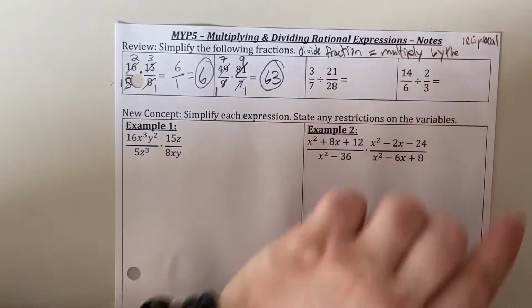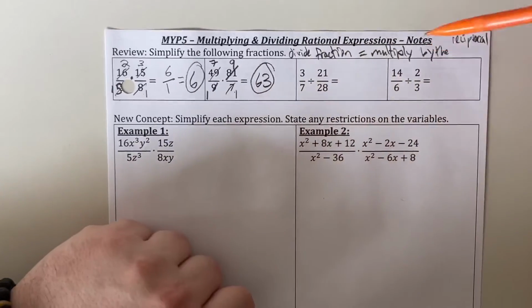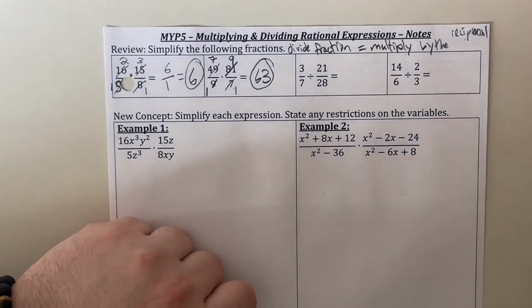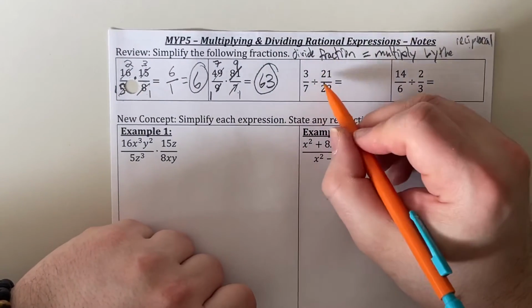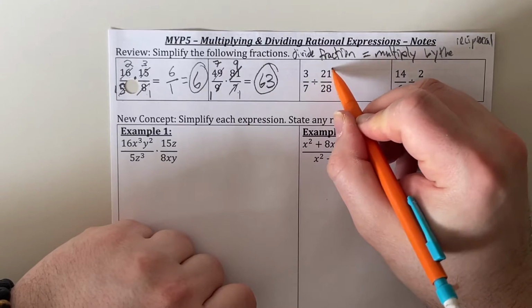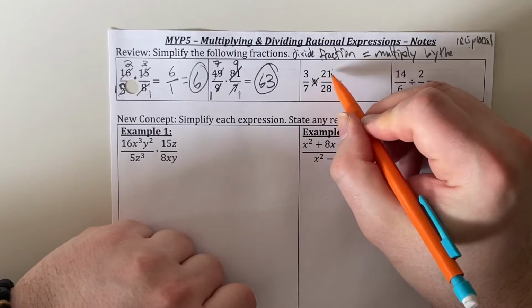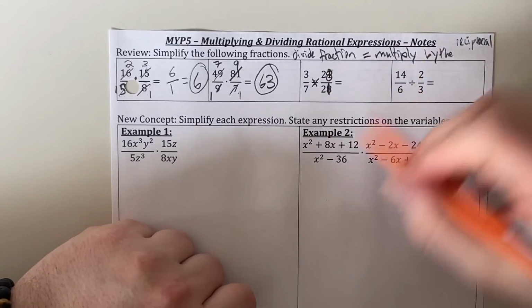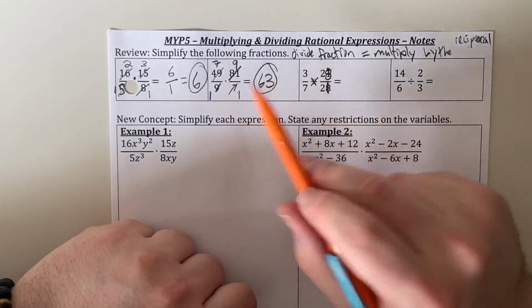What that means is you can flip that second fraction and multiply it. We're talking about the multiplicative inverse, and so if I was to rewrite this, I would have times, and I'd have 28 over 21. That way we can simplify it just like we've been doing.